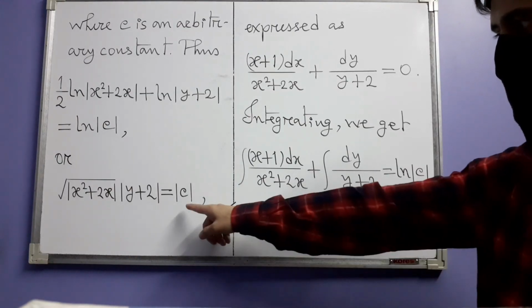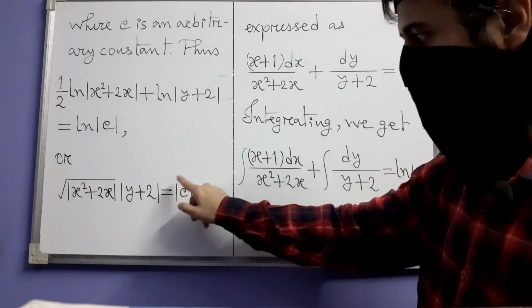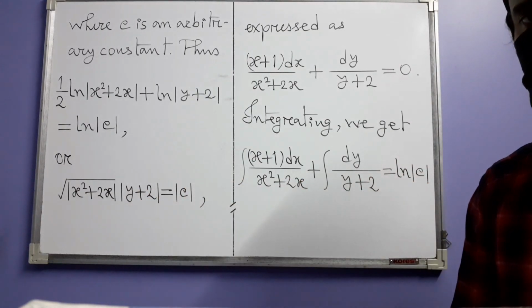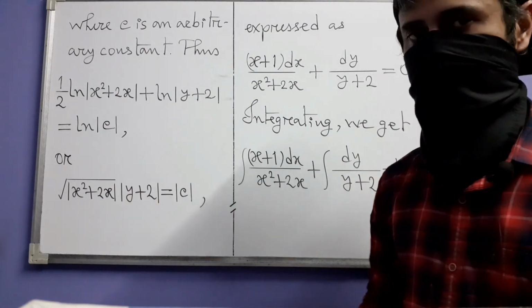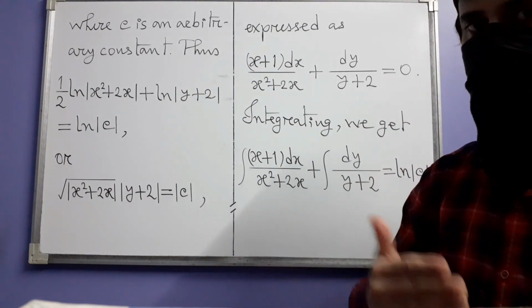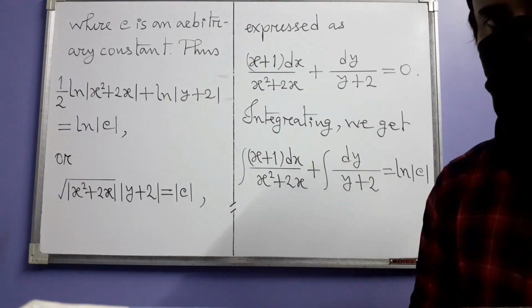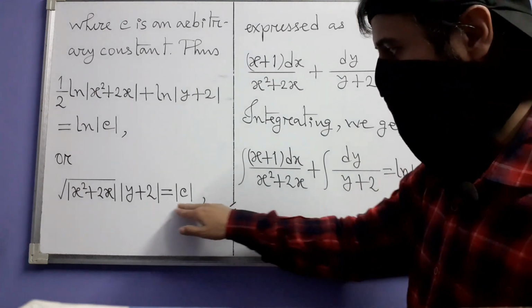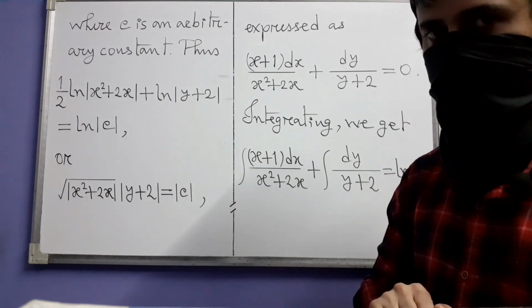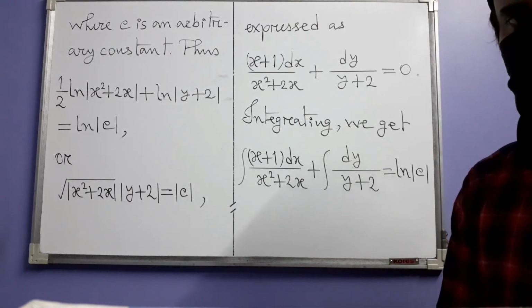You can still simplify this a little more by getting rid of these absolute values. How? Well, what is |y + 2|? Either it is y + 2 or minus of y + 2. Similarly, this one is plus or minus c, because c after all is an arbitrary constant. So even if you have minus on this side, then that is also just some constant.